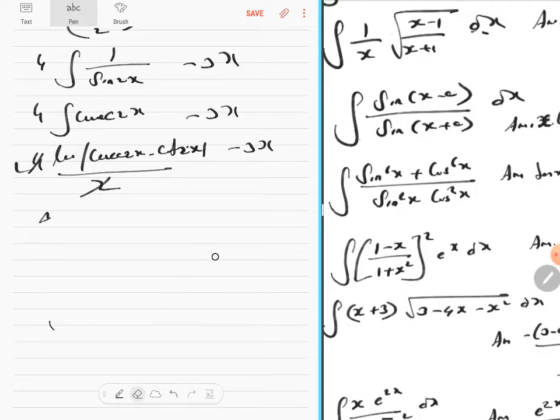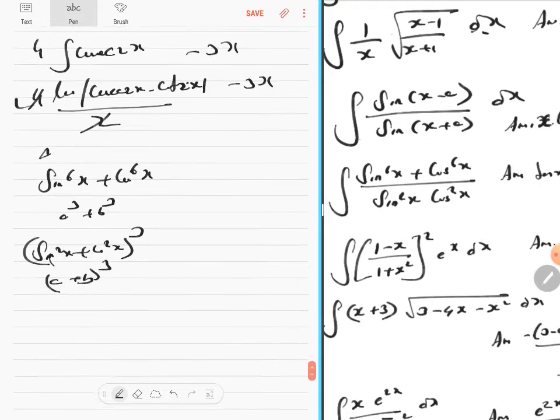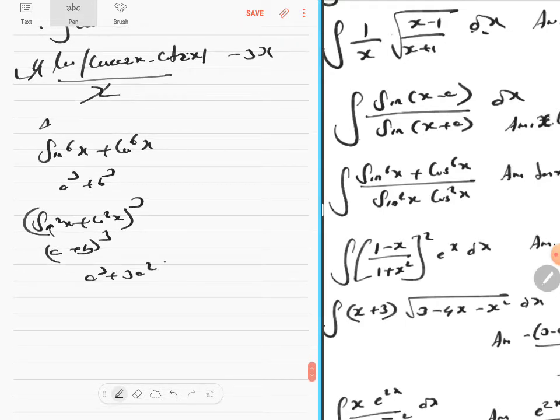Okay, let me figure out what sine to the power 6x plus cos to the power 6x is. It's like a cube plus b cube. If I write sine square x plus cos square x the whole cube, it is a plus b the whole cube, which is a cube plus 3a square b plus 3b square a plus b cube.